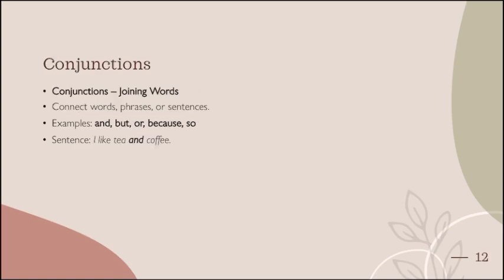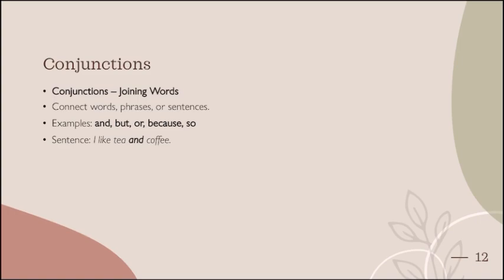And our next part of speech is conjunctions. Conjunctions are known as joining words, right? They connect words, phrases or sentences. For example, and, but, or, because, so. If we take a sentence, I like tea and coffee.